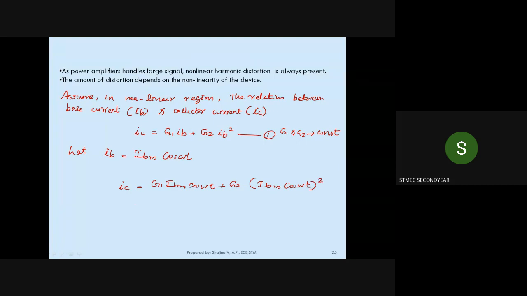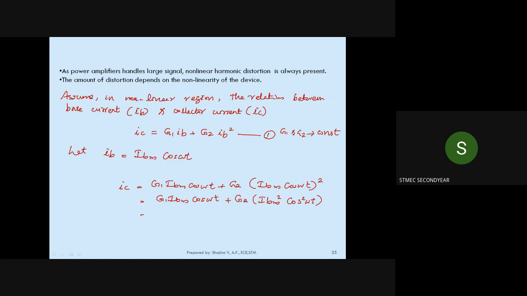And now we can expand this: G1 into IBM into cos omega t plus G2 into, this is IBM square into cos square omega t, right?